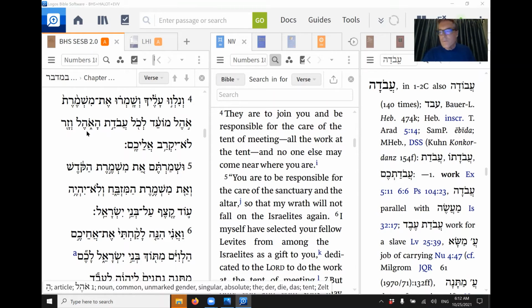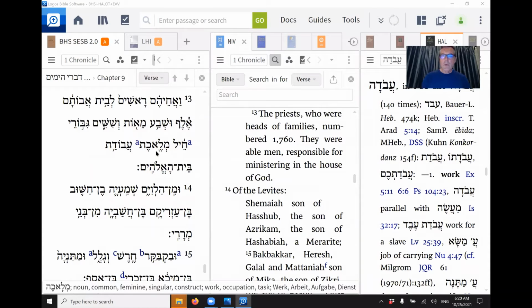But if we go forward and look at a post-exilic use of it, not only does it include physical labor, but we'll see that it also includes something new, which is the priestly activity, the things the priests do. Now we're looking at the same word, avodah, in 1 Chronicles 9:13.